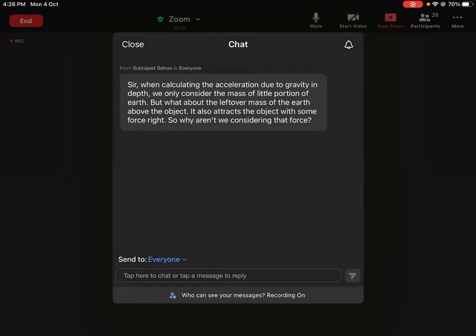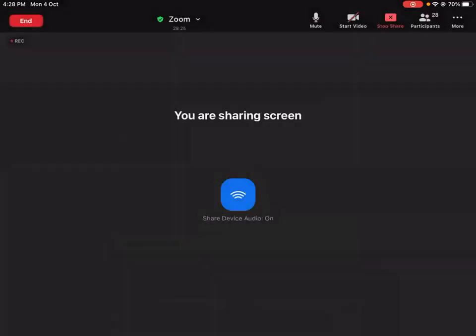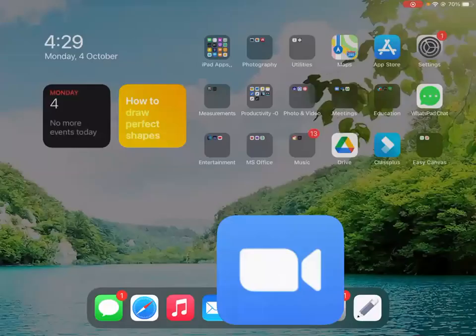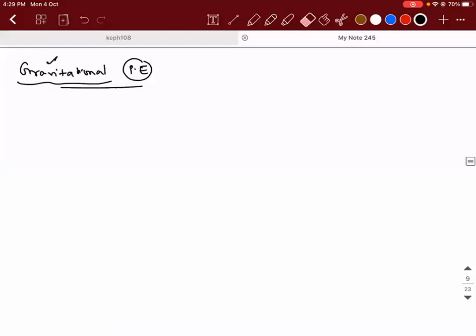See, generally, when you talk about the gravitational force due to Earth, how do you define weight? Weight is defined as the force with which an object is pulled towards dash. Can you complete the statement? I repeat, weight of an object is force. Everybody knows this. Weight is equal to mg.